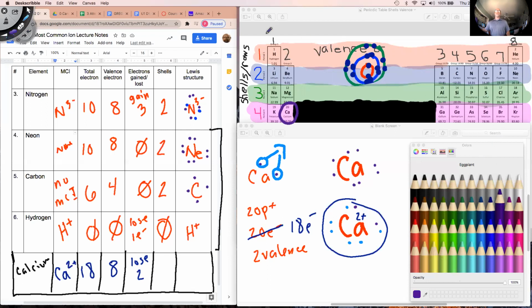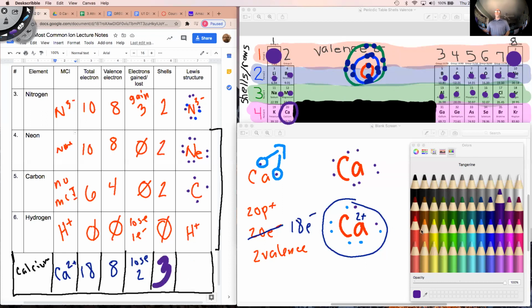And so it's going to be sitting at 1, 2, 3, 4, 5, 6, 7, 8, 9, 10, 11, 12, 13, 14, 15, 16, 17, 18. Those are the 18 electrons. So that 18th electron is going to be sitting on the 3rd shell. So this one is going to be 3 shells.